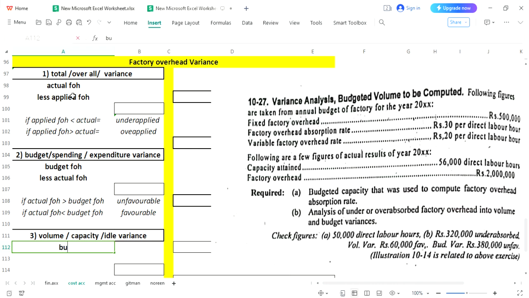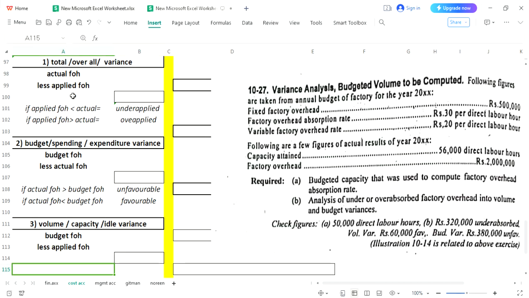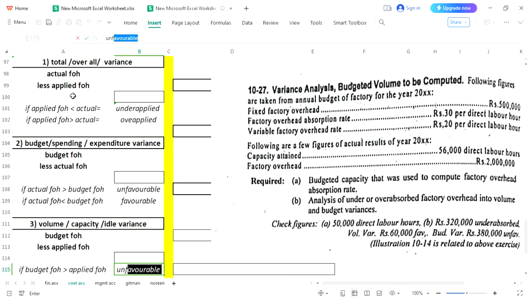So you will write your budget FOH, then you will see how much your applied FOH is, and you will calculate the difference between budget and applied FOH. Then you will conclude by focusing upon budget. If your budget FOH is more than your applied FOH, that means it would not be in your favor. You will clearly call it unfavorable.